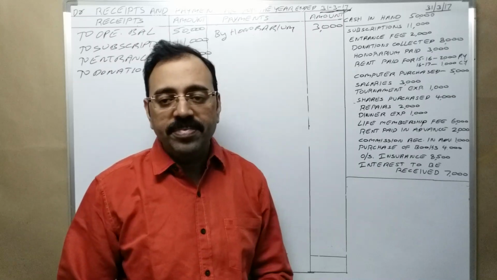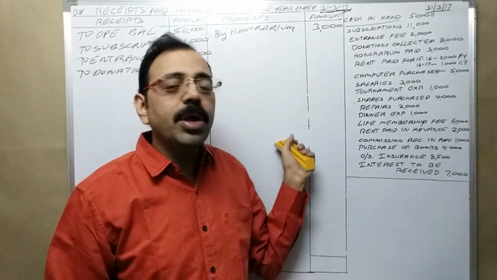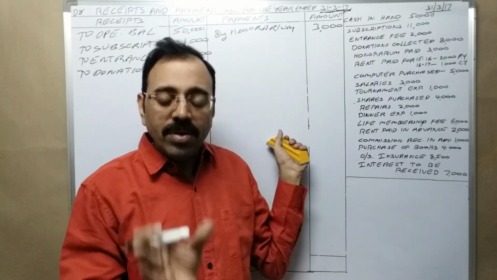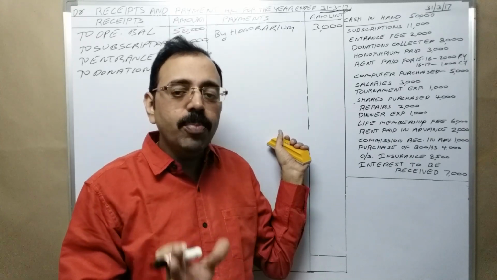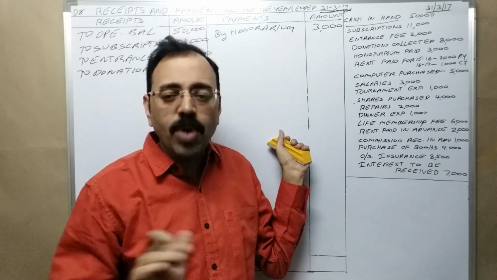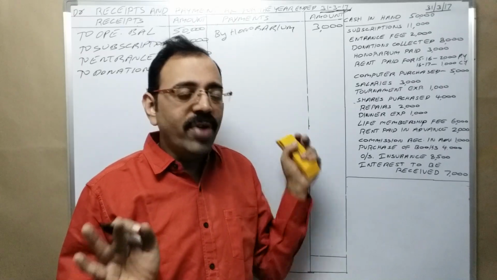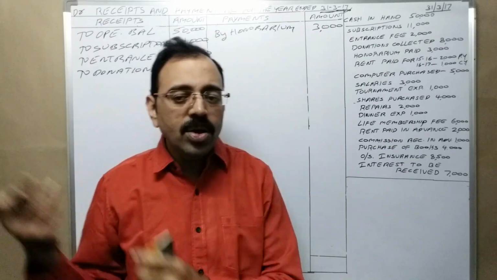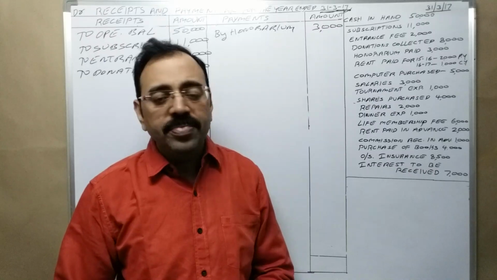I said while preparing the receipts and payments account, you need not bother about which year that expenditure or income belongs to. What you should observe is when cash is going. In the current year, if cash is coming, record it on the debit side. If cash is going, record it on the credit side.